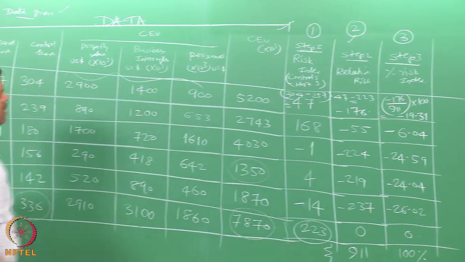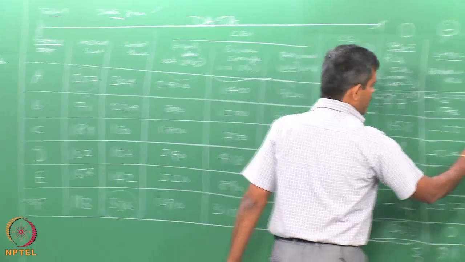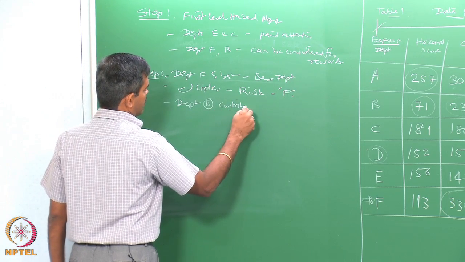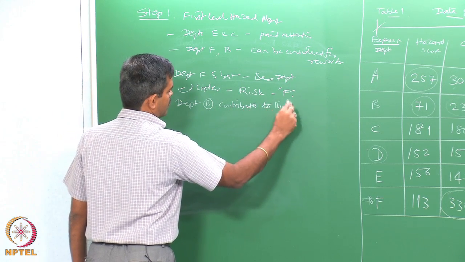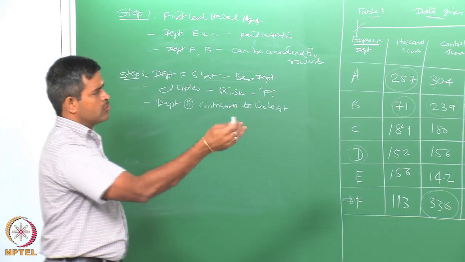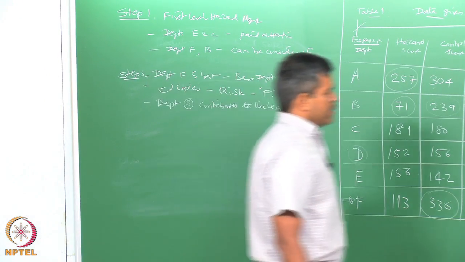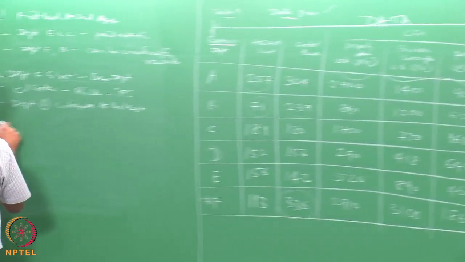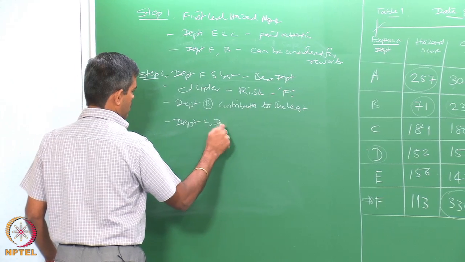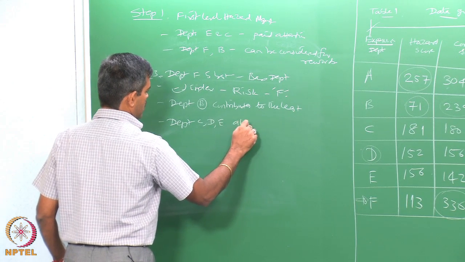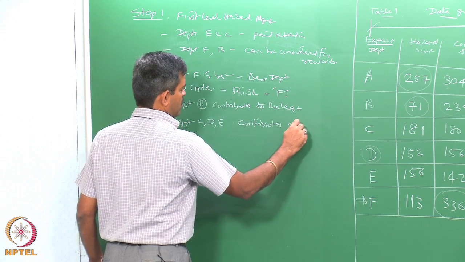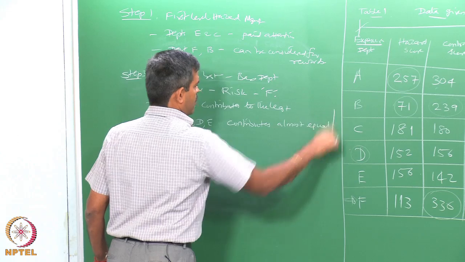So, one can see from this that department B contributes the least, and departments C, D, E contribute almost equally. I mean contribution to risk, I am saying.